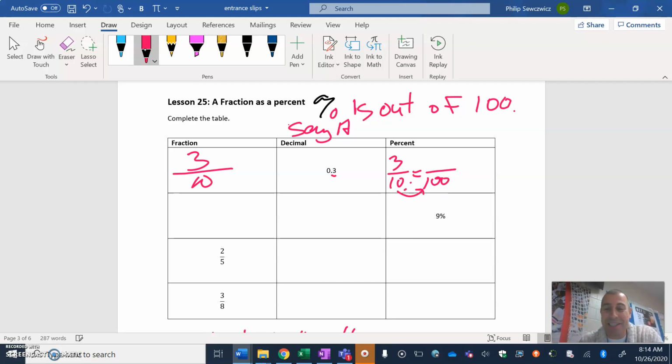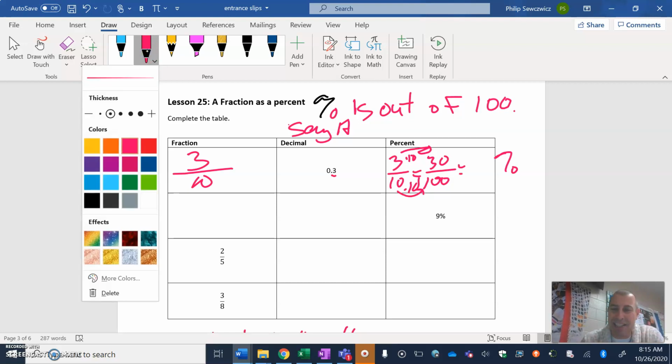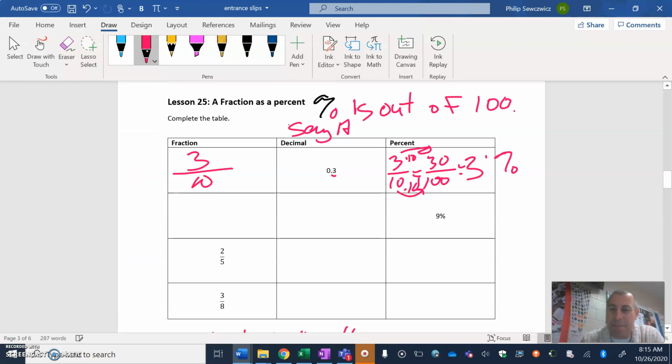Yeah, 10 times 10 is 100, and 3 times 10 is 30. So now that I'm out of 100, I've got my answer, 30%. Out of 100, big ticket item there. Saying it is another big thing that we need to use with our place values.